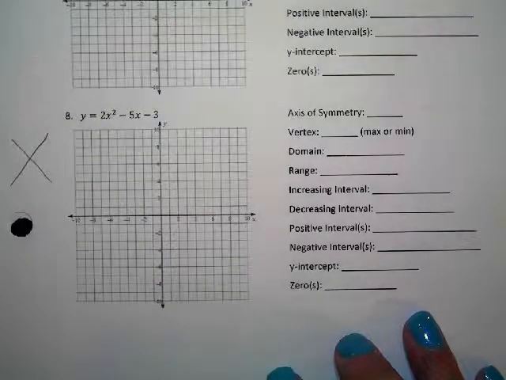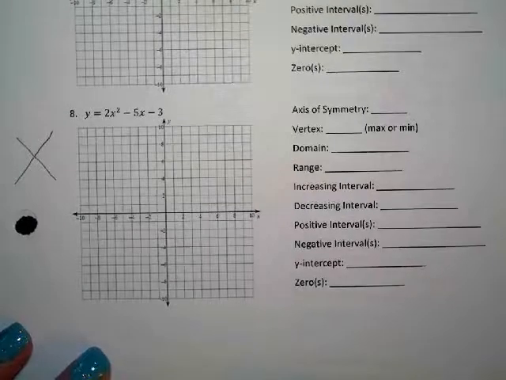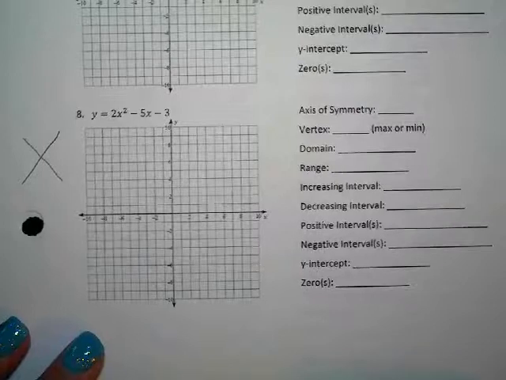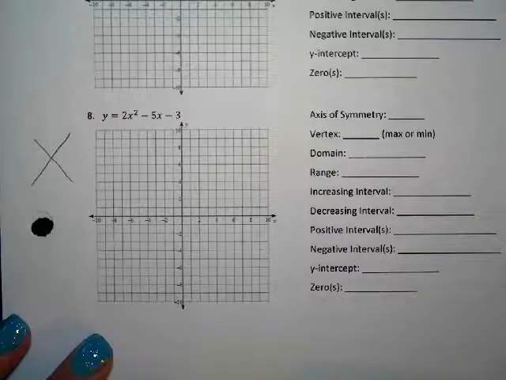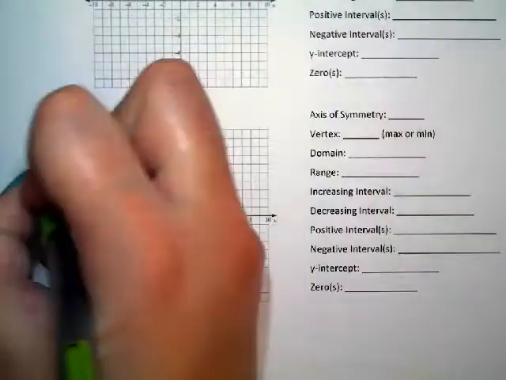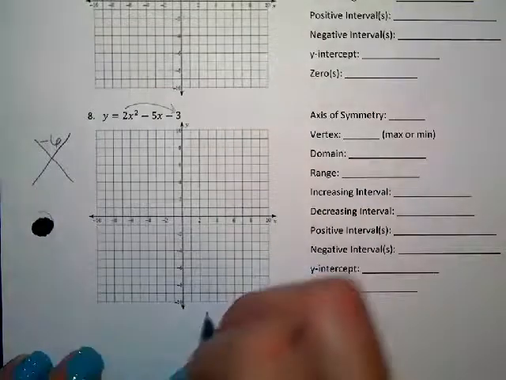2 times -3 is -6. Multiplies to -6, adds to -5. All right, so we got x minus 6, x plus 1. But that's not really it.